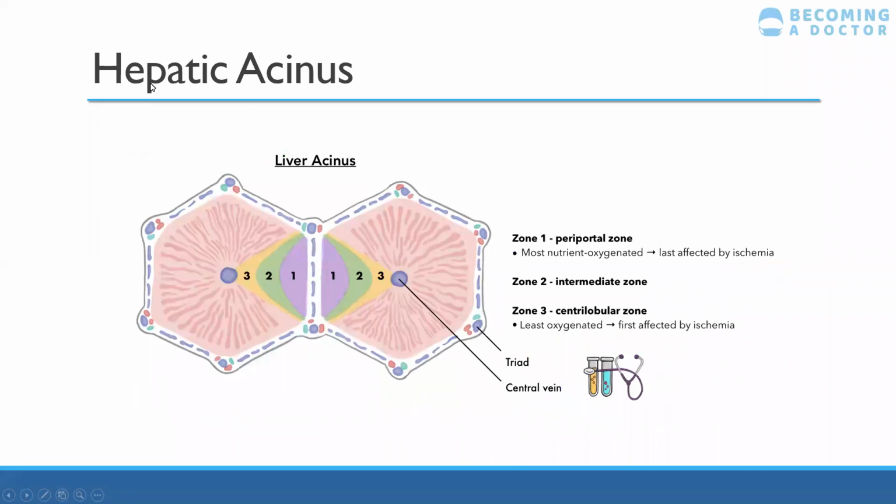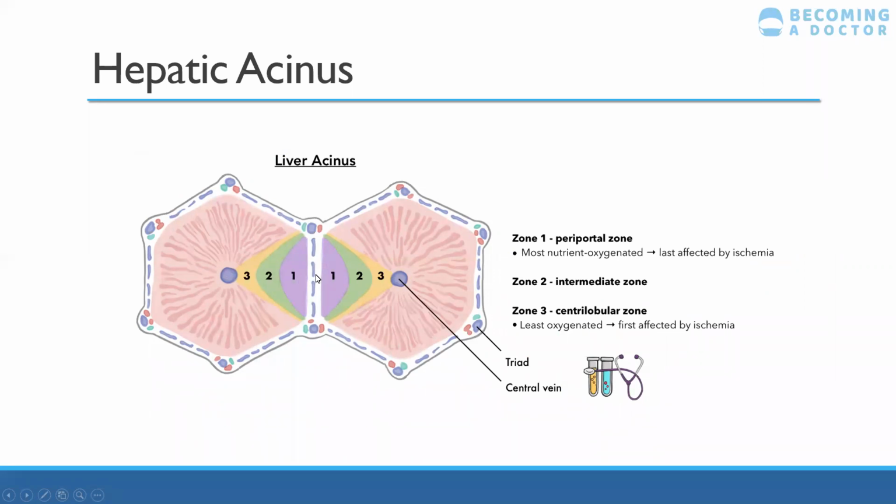Your hepatic acinus is the functional unit of the liver. It is 1/6 of the part of 2 adjacent lobules, so essentially this whole diamond shape over here is one acinus. You have different zones: zone 1, zone 2, and zone 3.